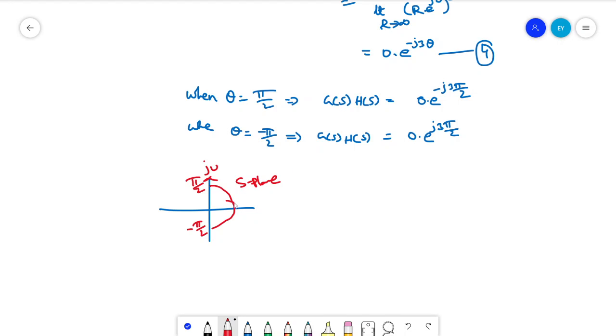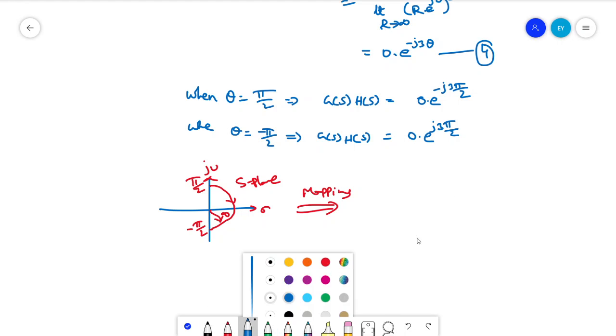So direction is towards this way, clockwise, and this is theta, and it is making a radius of infinity. This is infinity, r tends to infinity. If you do mapping in g of s, h of s axis, how will it become?